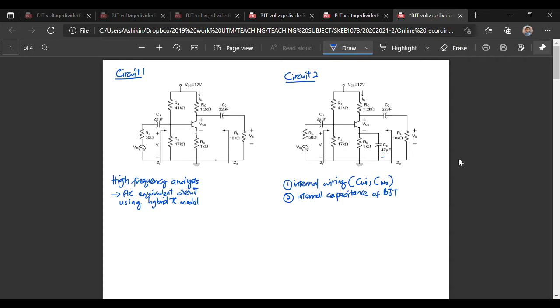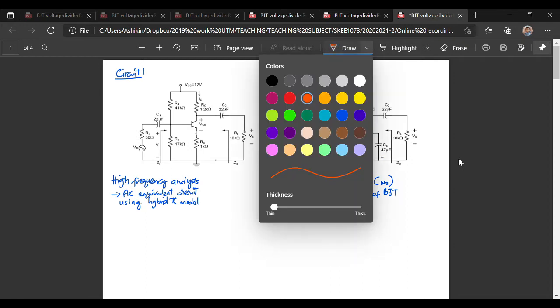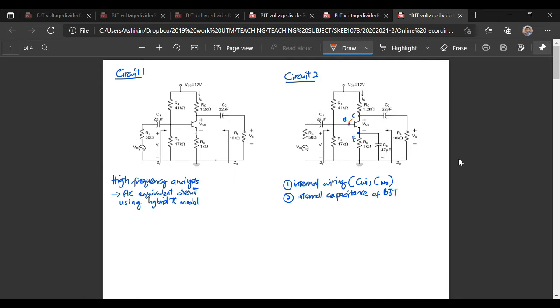Okay, for internal capacitance of the BJT, we consider the capacitance between the BJT junctions. So here we have CBE. Therefore, we can have 3 capacitances: between the CB terminals, between the BE terminals, and also between the CE terminals.